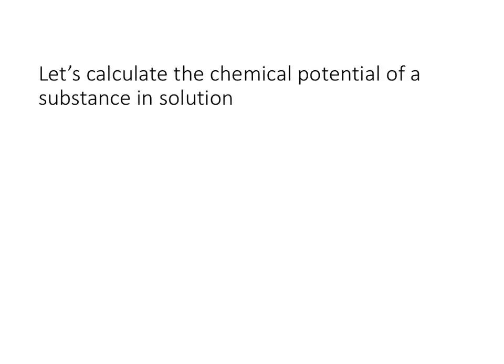Let's talk about calculating the chemical potential of a particular substance in a solution or a mixture. I want to make the comment that so far we've been able to use the delta GM, or the molar Gibbs free energy. And the reason we've been able to do that is because it equals the chemical potential for a pure substance.